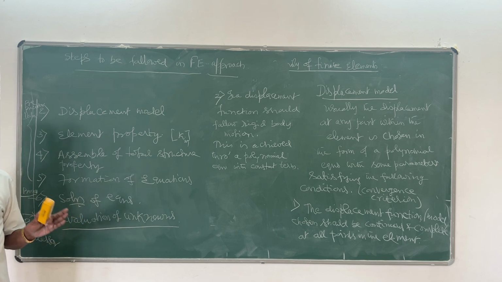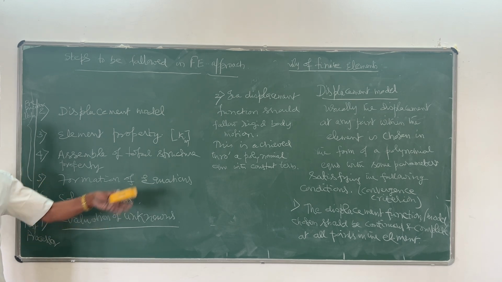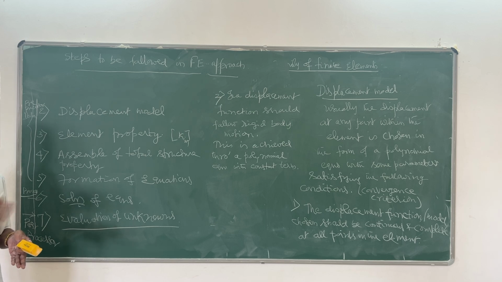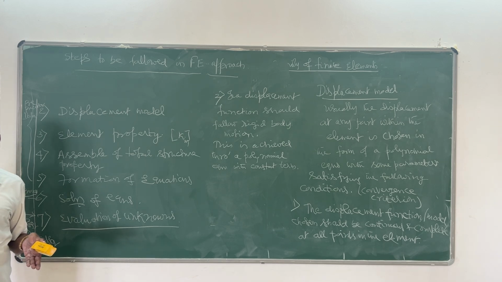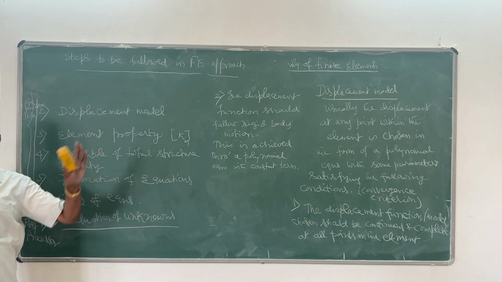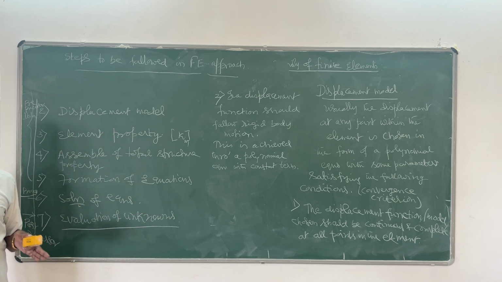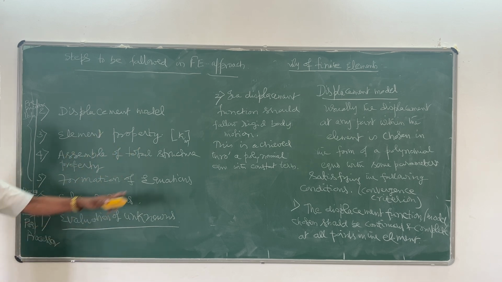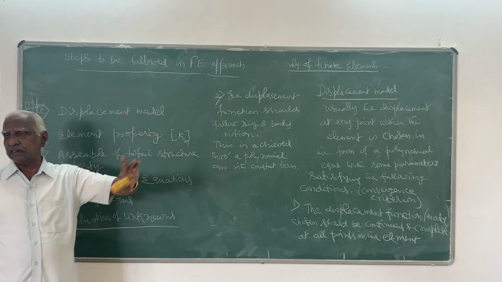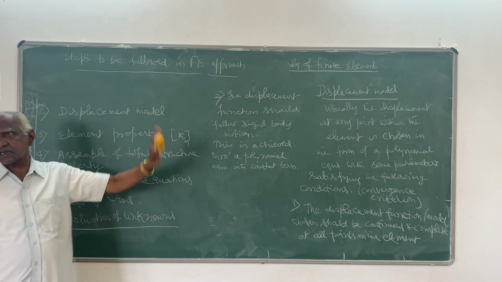The polynomial should have a constant term with it. First we choose a constant term, to see that at all other points, especially at the boundaries, x equal to 0 should not make the displacement become 0 at all. There should not be any discontinuity; it should be continuous. By choosing a constant term in the polynomial, we can achieve this condition.